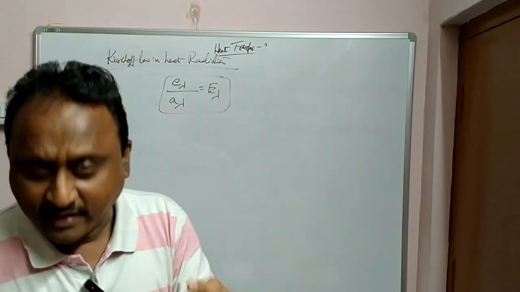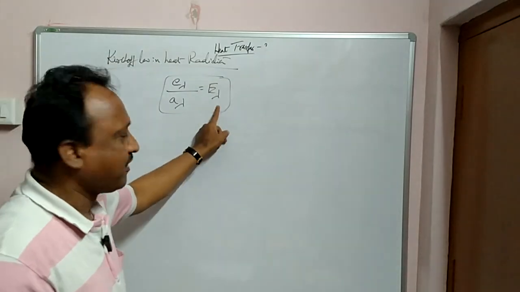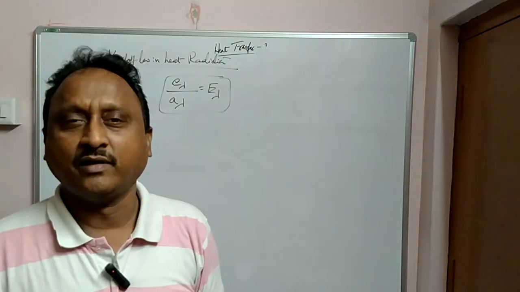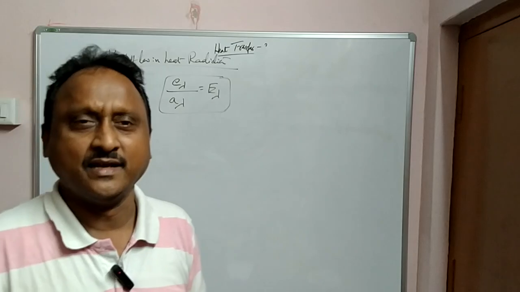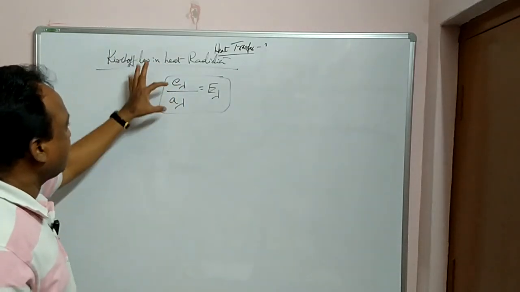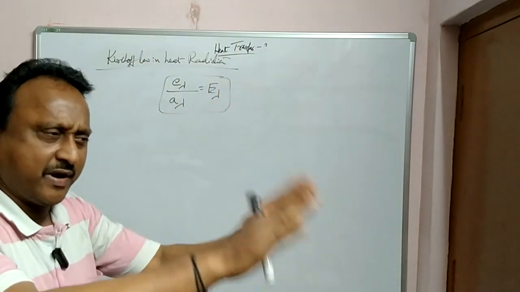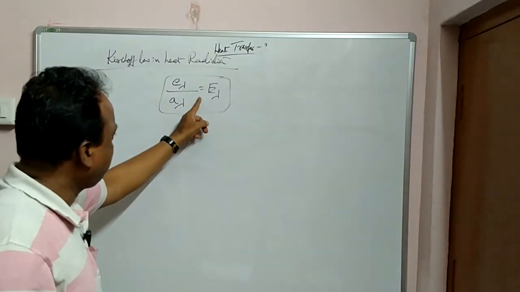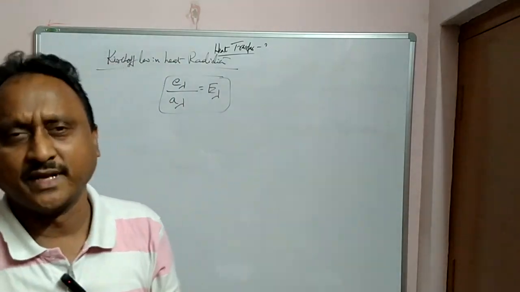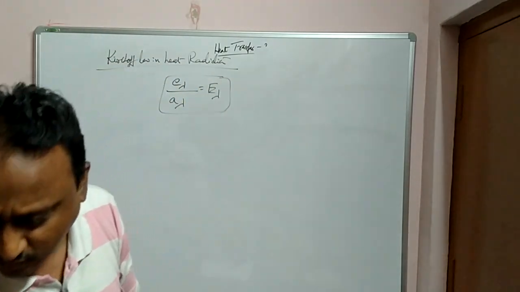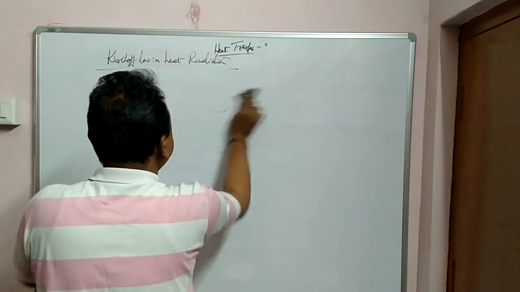The ratio of emissive power to absorptive power of a body, at a particular wavelength and a particular temperature, is equal to the emissive power of a perfectly black body of the same wavelength and same temperature. So this is Kirchhoff's law. Definitions and theoretical questions may seem a little boring, but you have to learn them, because they are given in the examination. Next one.